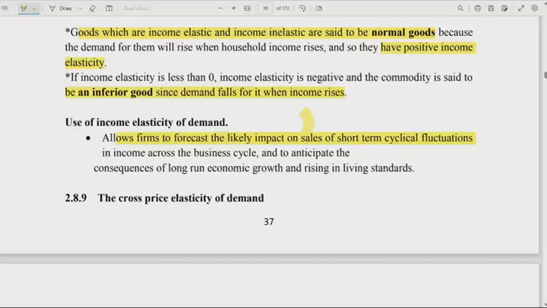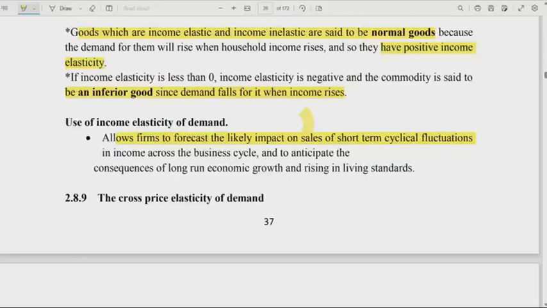So basically, that's one of the uses of income elasticity of demand, helping businesses to forecast the impact on the sales of the fluctuations or changes in the income across the business cycle.